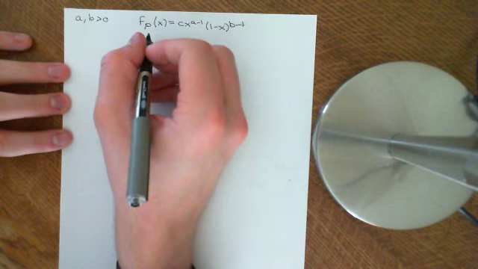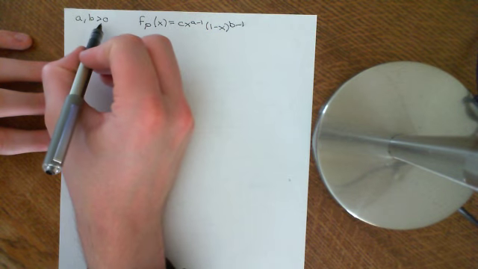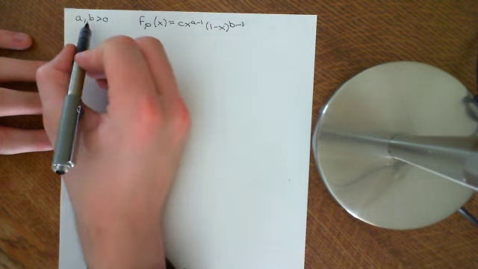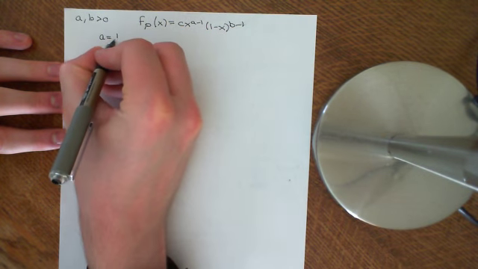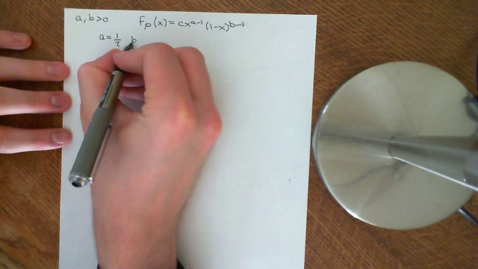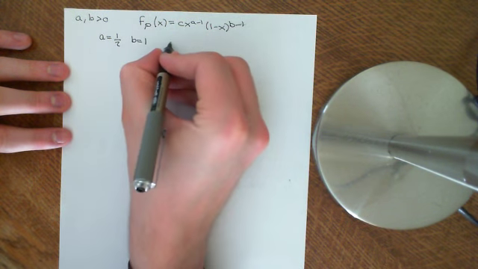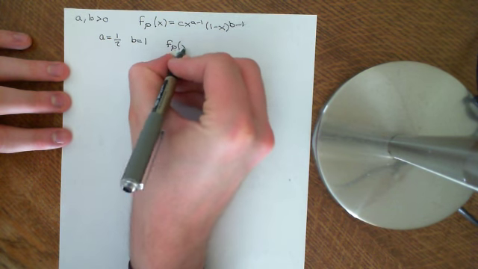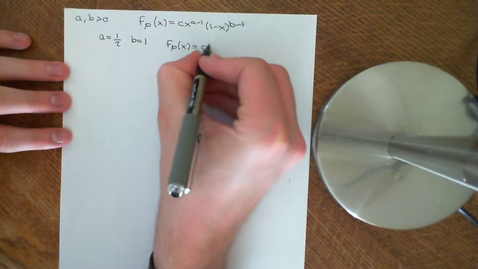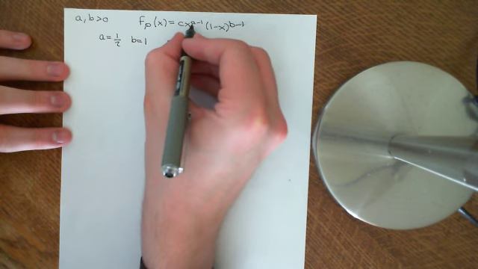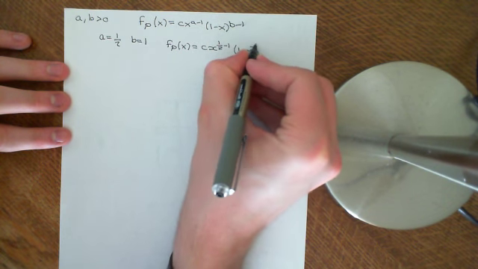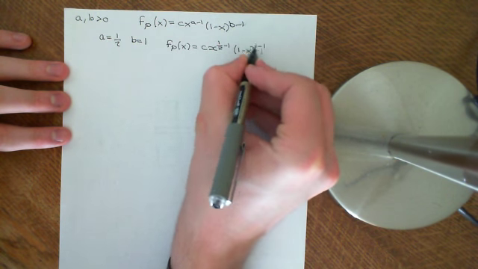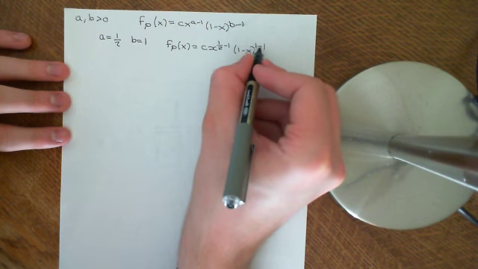Okay, right. So a and b are greater than 0. You see, that surprises me, because if I make a equal to a half, and for simplicity say that b is equal to 1, then my function becomes c times x to the power of a half minus 1, and then I stick in 1 over here, and luckily that gives me 1 minus 1, which is something to the power of 0.